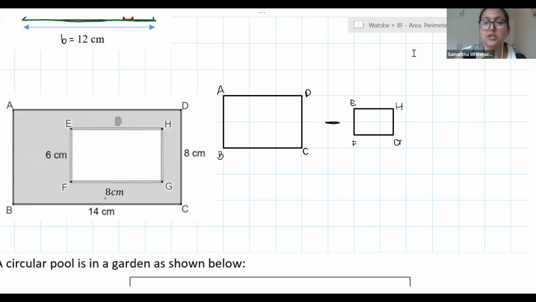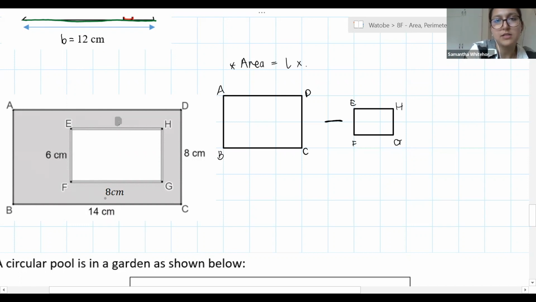Alrighty, guys, so that's essentially what we need to do. I've sort of given you what we need to go do here. Remember, the area of a rectangle is found by saying the length times the breadth. The length is always the longer side, the breadth is the shorter side. So I'm going to give you 2 minutes to give it a try, and then we'll go through it before you get your quiz link.